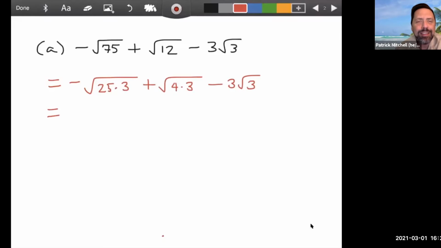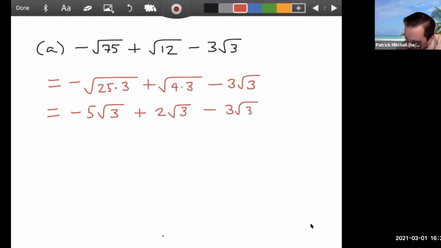Okay, so here comes the part where it goes a little faster. The square root of 25 times 3 is 5 square root of 3. The square root of 4 times 3 is 2 times the square root of 3. All right, and now those are all like radicals, so we just have to add and subtract the coefficients.